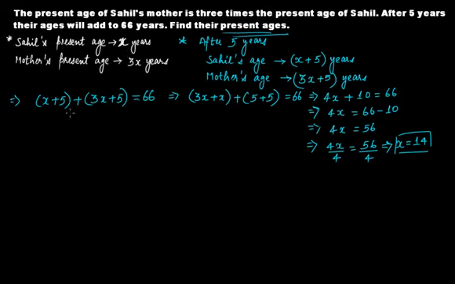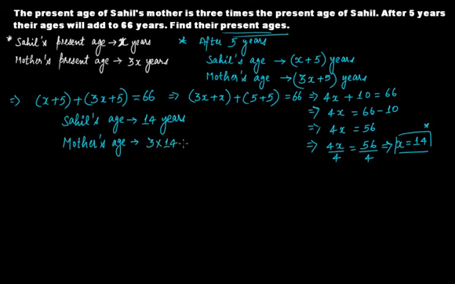That means the present age of Sahil is 14 years, because x is coming as 14 and we have assumed the present age of Sahil as x years, and his mother's present age will be 3 times 14 years, that is 42 years, right? So 42 years and 14 years.